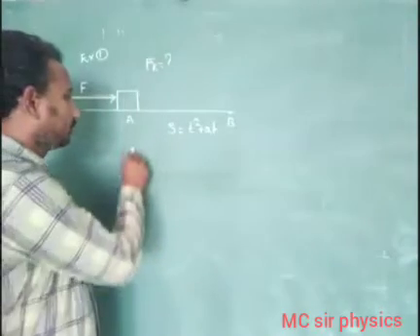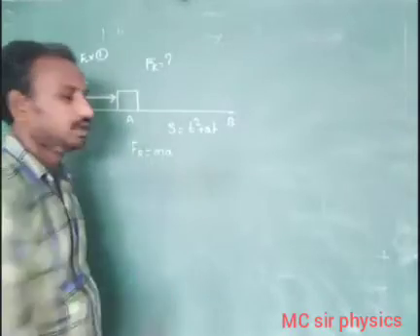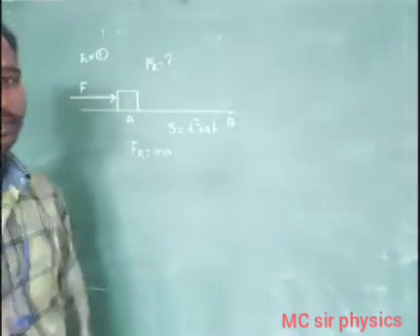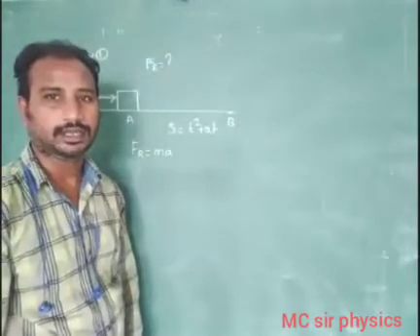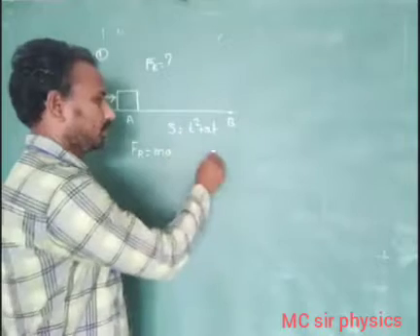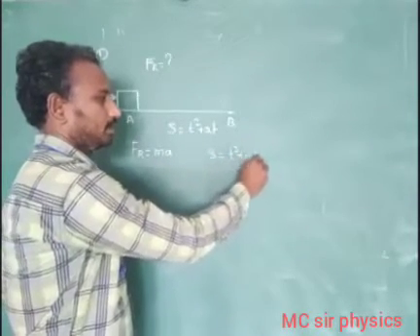What is the resultant force formula? Fr equals mass into acceleration. The displacement is given, so find the acceleration. I can give you a hint. First, S is given as t square plus 2t.